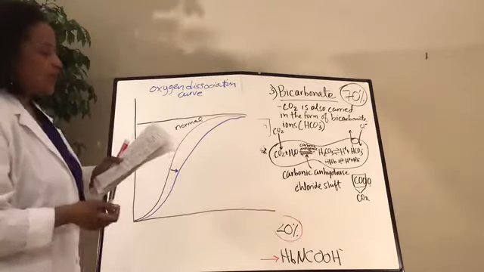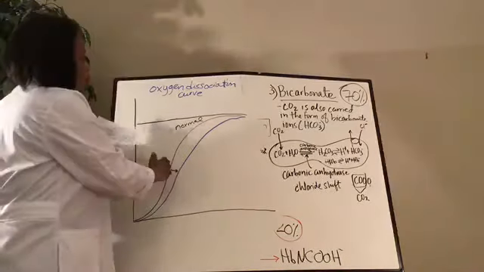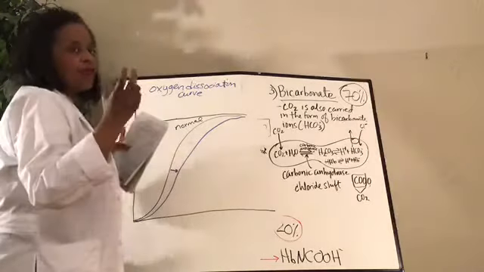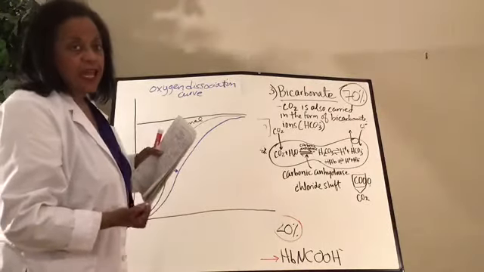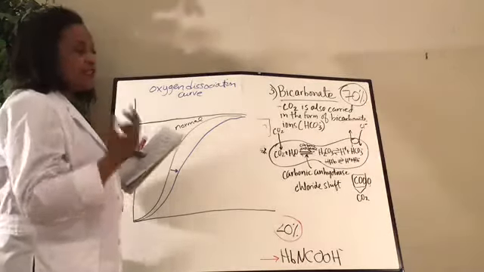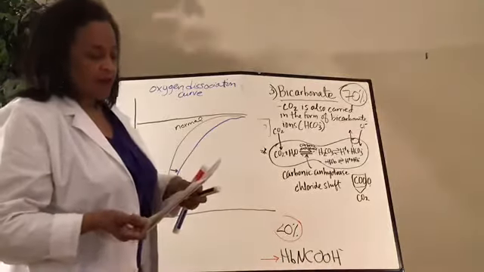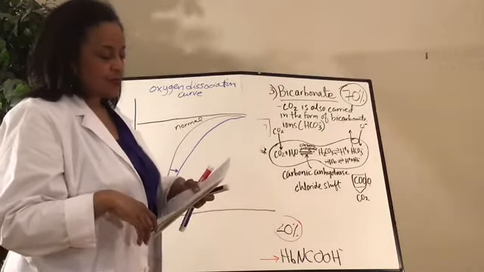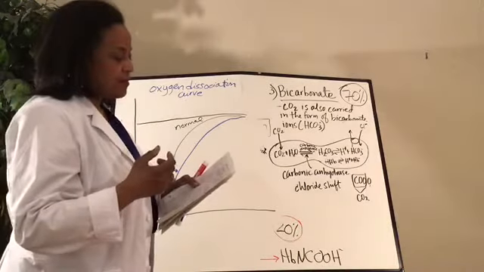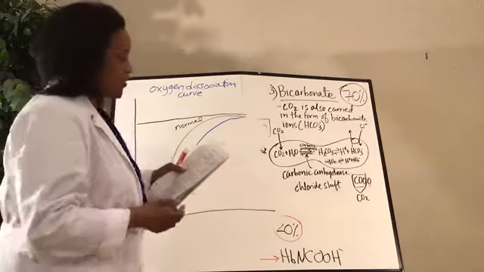It's also known as the Bohr effect. When the curve shifts to the right, there's a decrease in affinity to oxygen, right? This facilitates the unloading of oxygen to the tissue. So it helps oxygen to leave the blood, in other words.